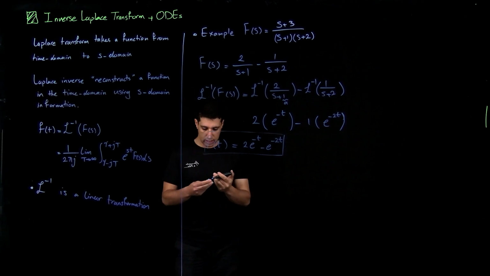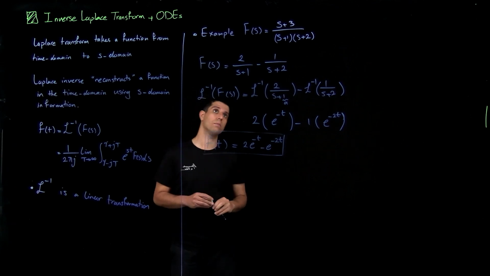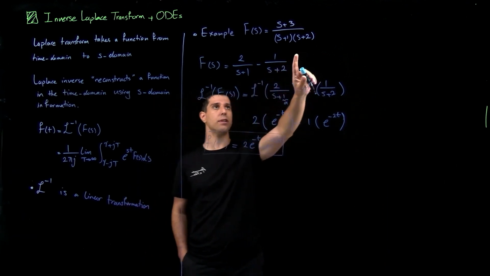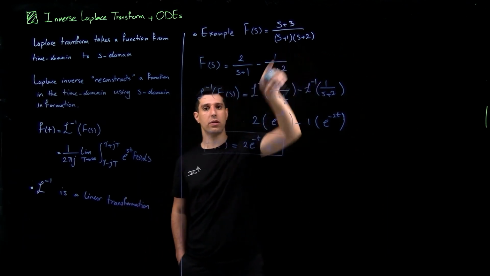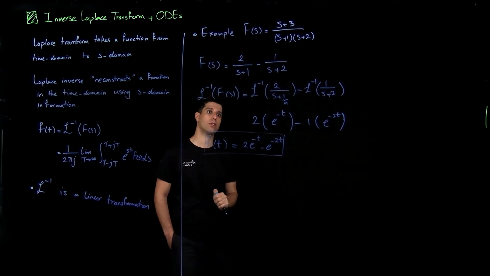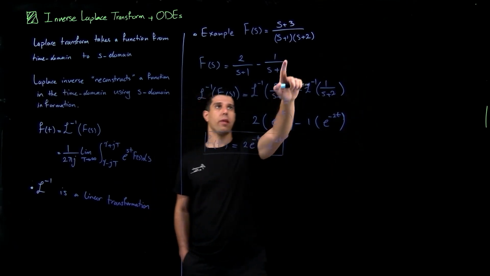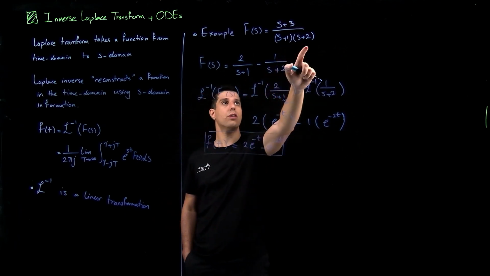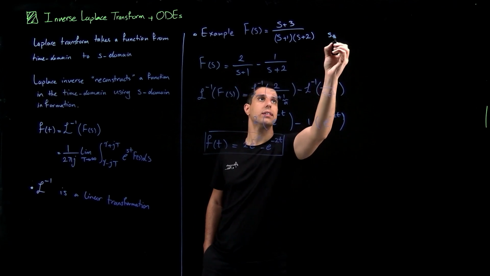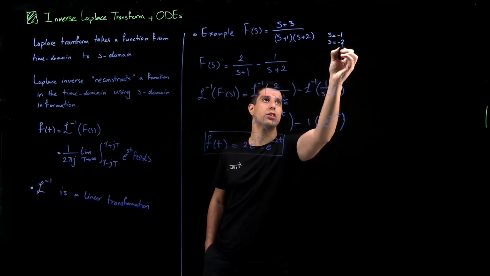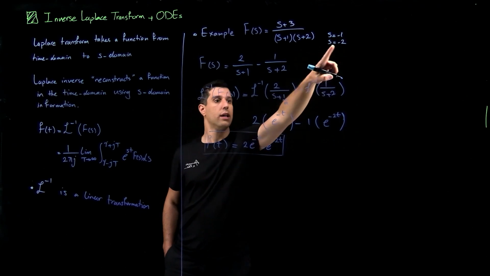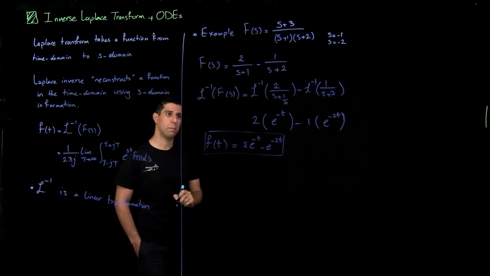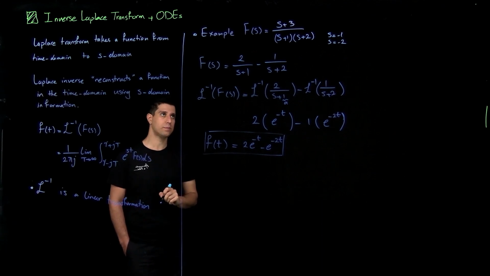One thing I want to point out, maybe useful to reiterate: see what happens. I had this polynomial, s plus 1 times s plus 2, and see how it related to the function. The roots of this polynomial, s equals minus 1 and s equals minus 2, define the characteristic modes of my time series signal.